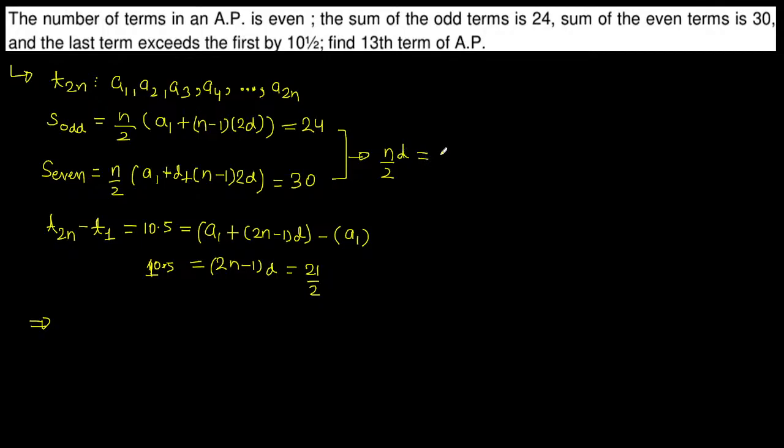Nd equal to 6, so we can say that Nd equal to 12. This is 2Nd minus d.